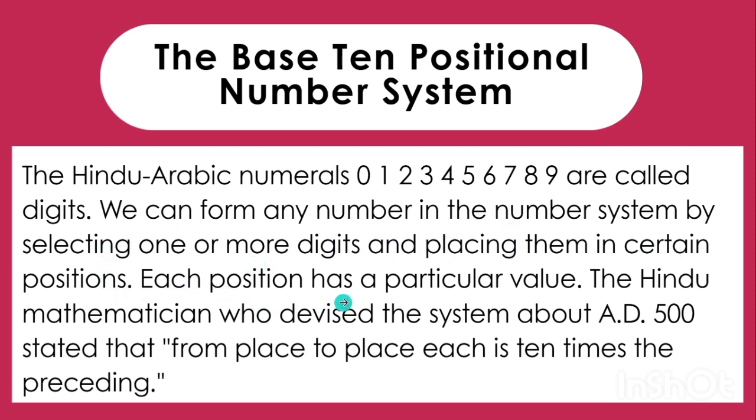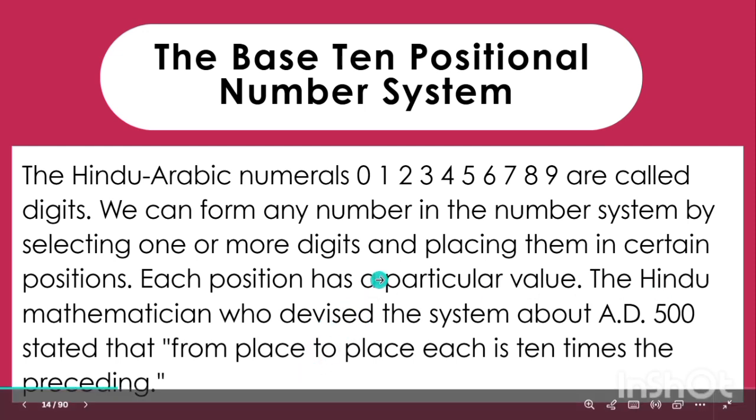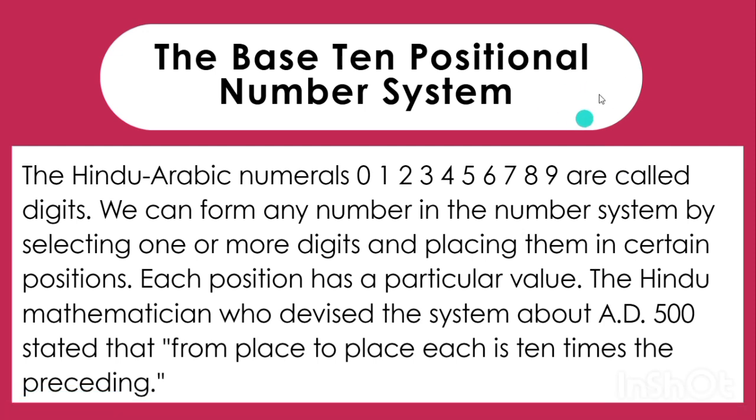Each position has a particular value: ones, tens, hundreds, thousands, and so on. The Hindu mathematician who devised the system about 500 AD stated that from place to place, each is 10 times the preceding.